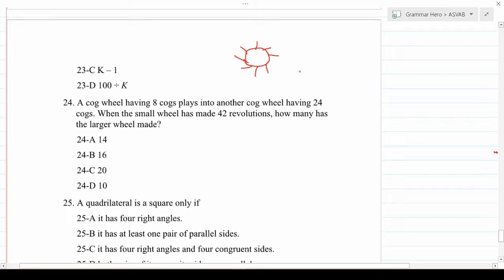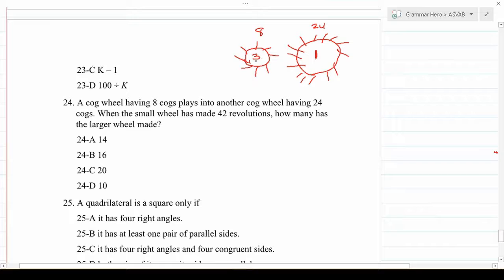And in this case, we have one small cogwheel, one big cogwheel. This one has 8 cogs and this one has 24 cogs. So in other words, by the time this one makes 3 revolutions, this one will have made 1 revolution. Again, 24 divided by 8 is 3. So it takes this one 3 times to go around to spin this one once.